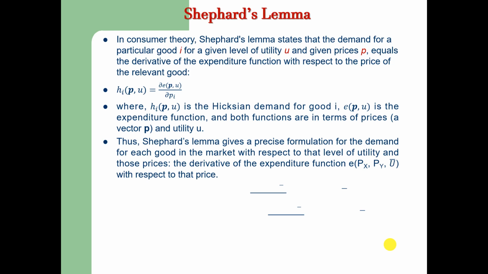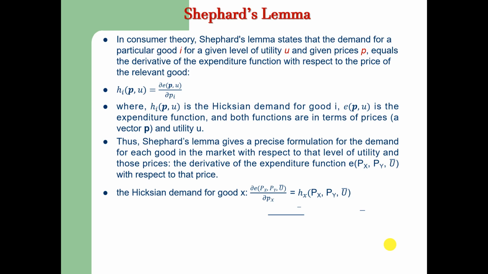The derivative of the expenditure function E(Px, Py, constant utility) with respect to price. So the Hicksian demand for good X is equal to the partial of the expenditure function with respect to price of X, and that is equal to Hx of Px, Py, and constant utility.